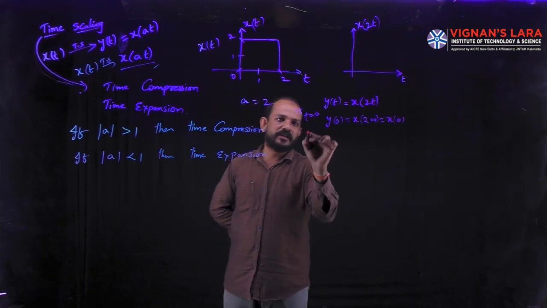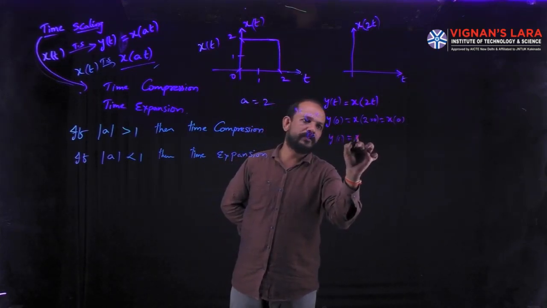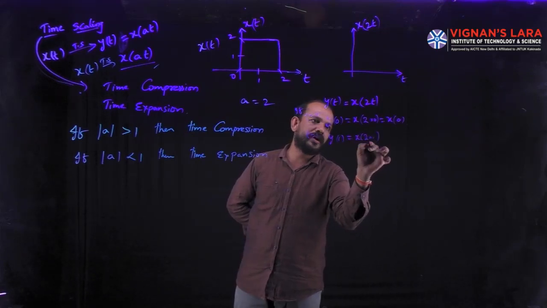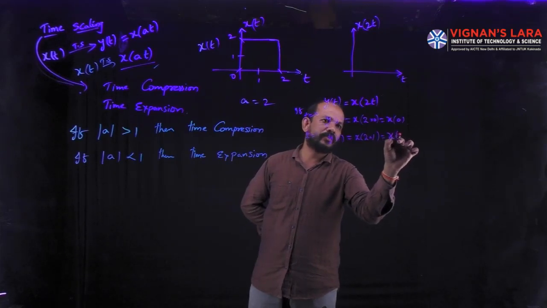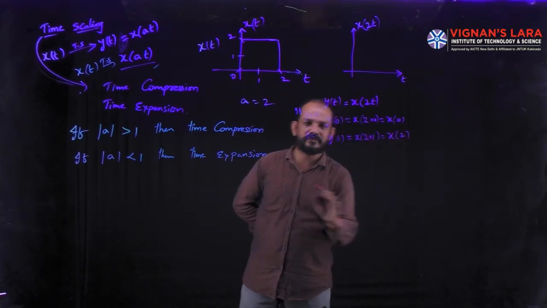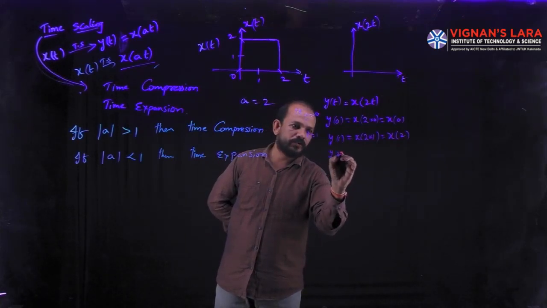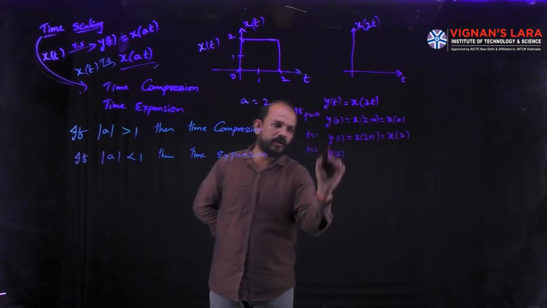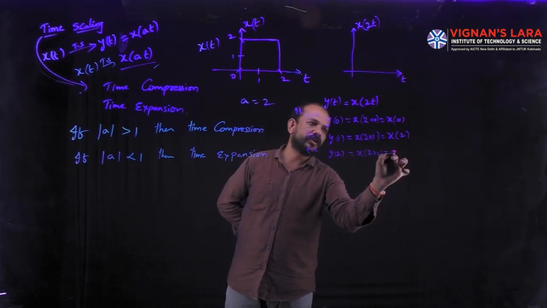For t equal to 1, y of 1 equals x of 2 into 1, simply x of 2. For t equal to 2, y of 2 equals x of 2 into 2, that is x of 4.